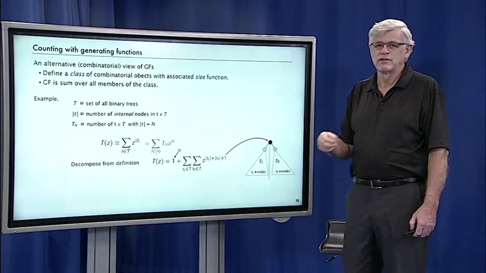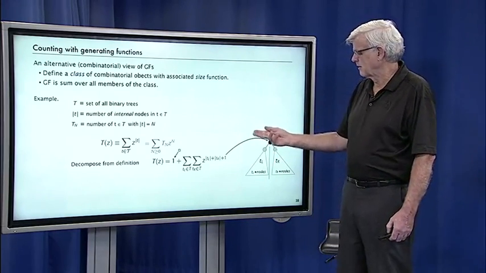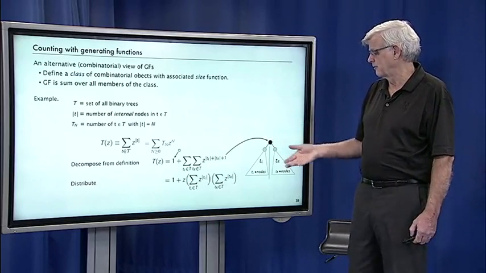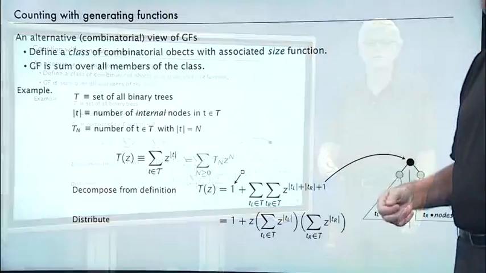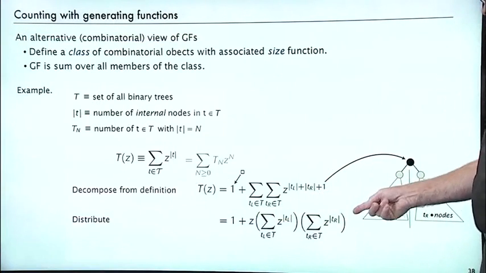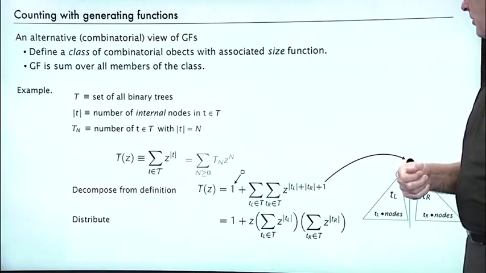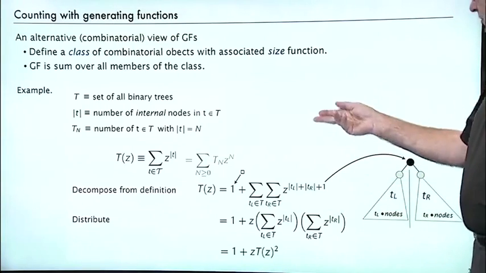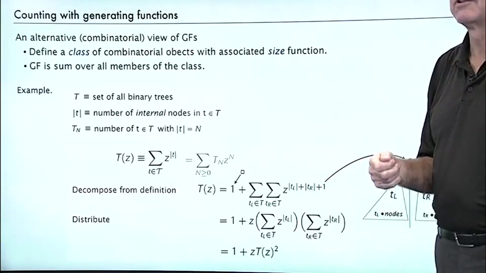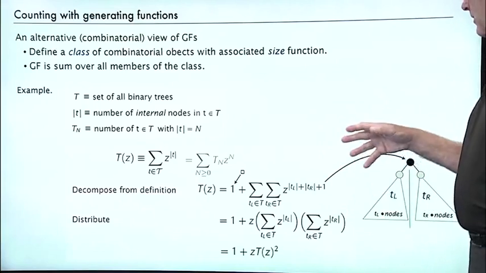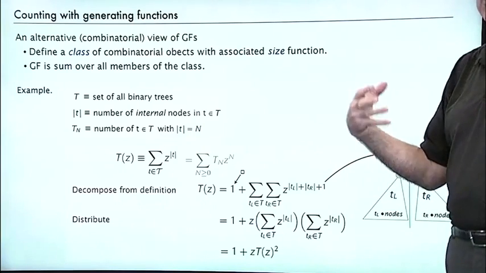Now in that equation, T sub L and T sub R are just formal variables and they're independent. So we can immediately split that sum up into z times the sum over all T sub L of z to the T sub L, times the sum over all T sub R of z to the T sub R. And then we get the answer that T of z equals 1 plus z T of z squared, just the same as we found before by worrying about all the counting, but this is much more direct.